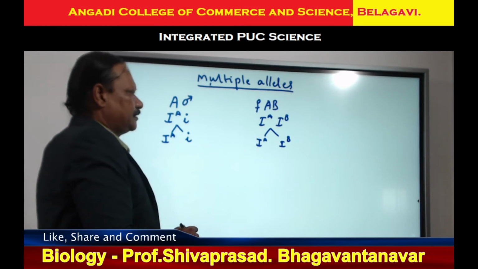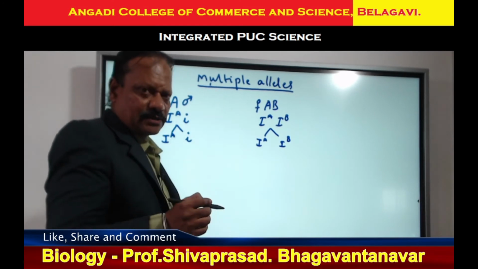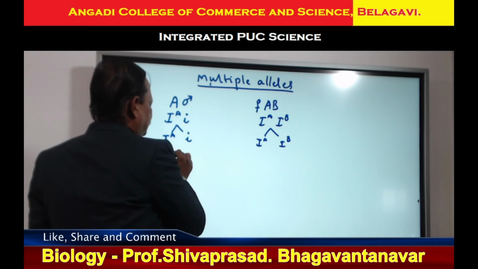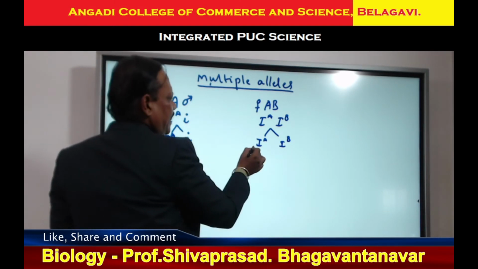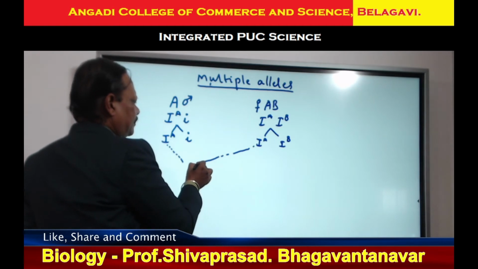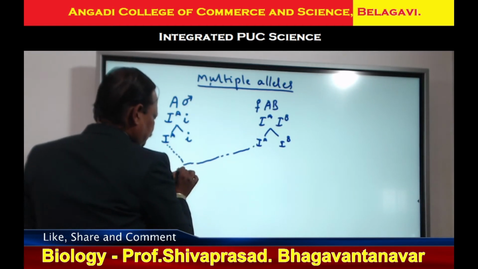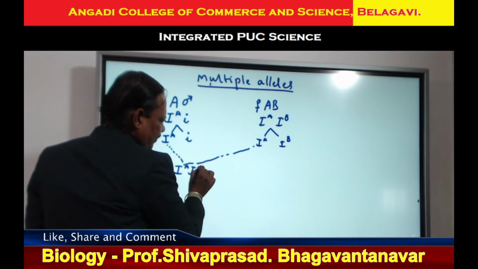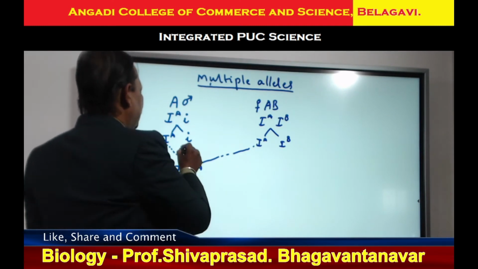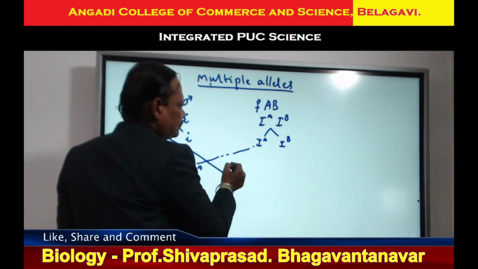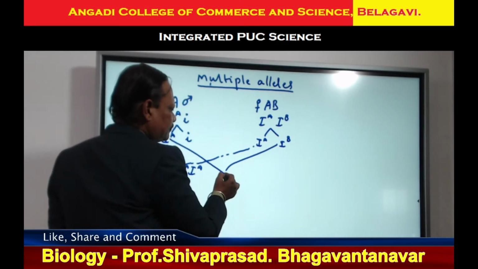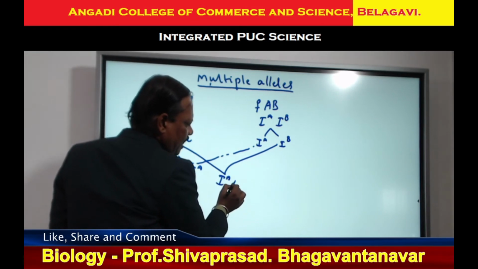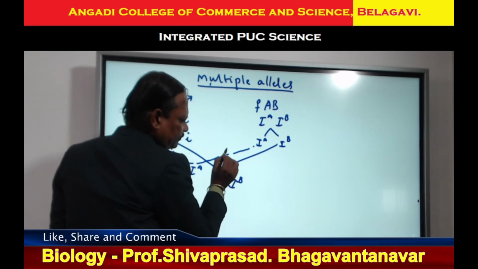Now see, what all possible combinations you are getting in the table. The first one is IA IA. The second one you can take IA IB.